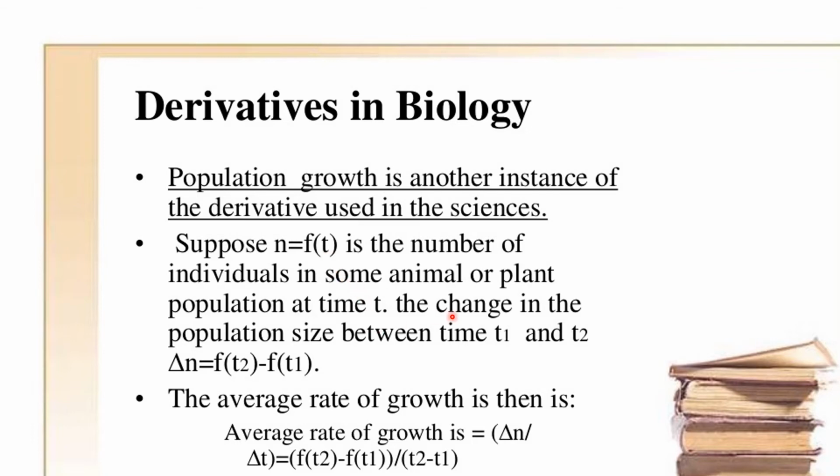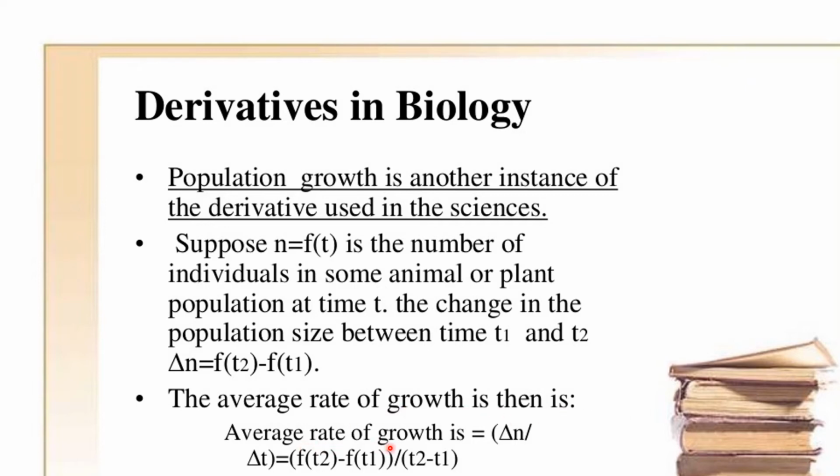The change in the population size between t1 and t2 is equal to delta n. This symbol is read as delta n. Remember this point. Delta n is equal to f(t2) minus f(t1).